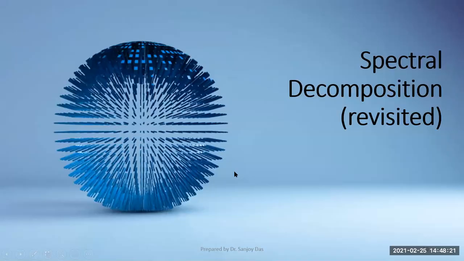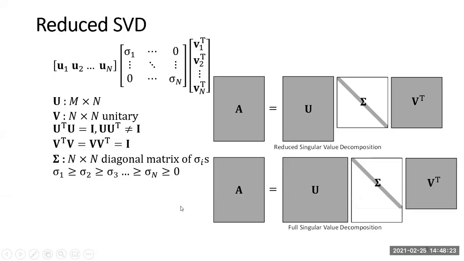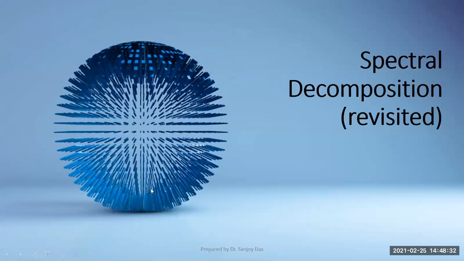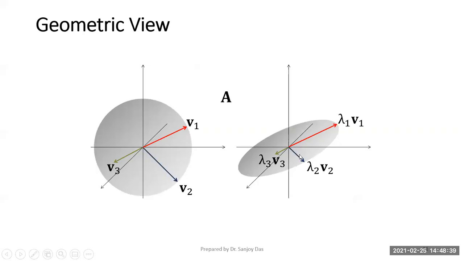Now, before we go into the geometric interpretation of SVD, let's quickly remember what the geometric interpretation of the spectral decomposition was.